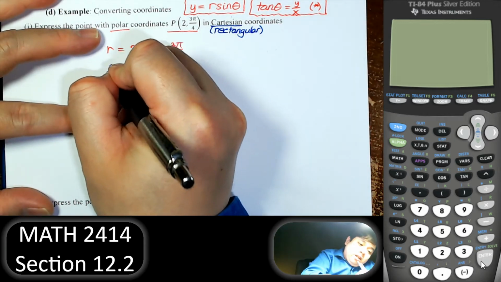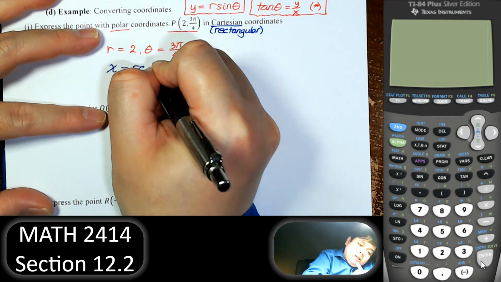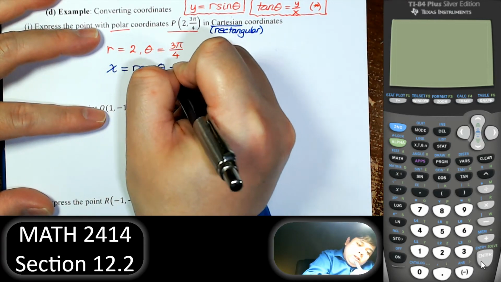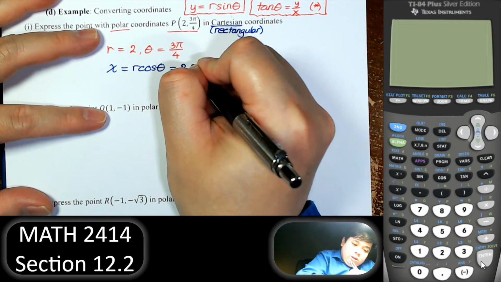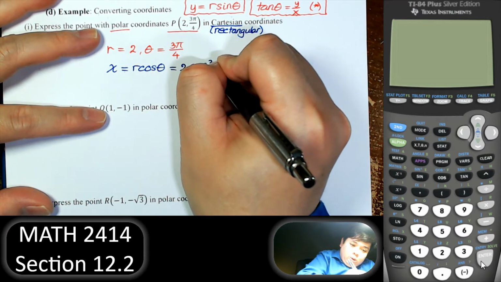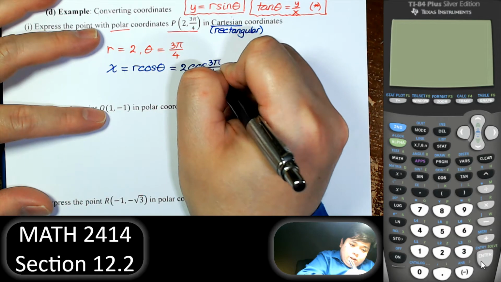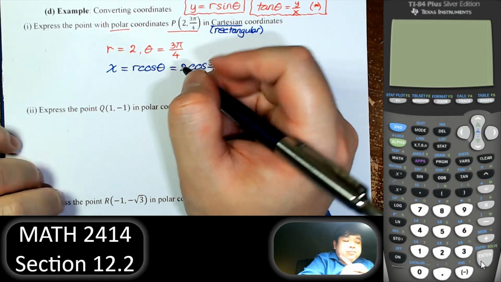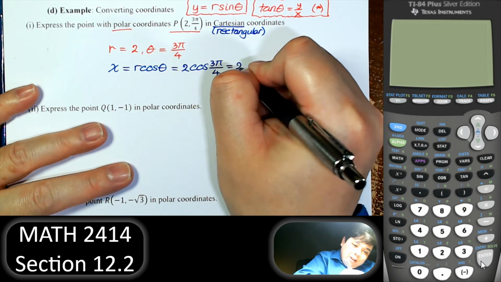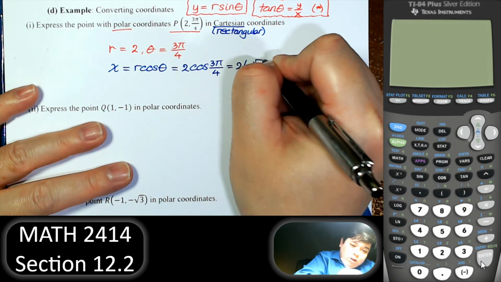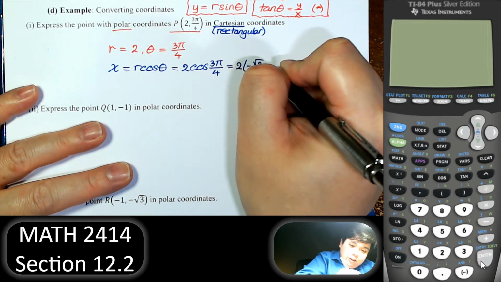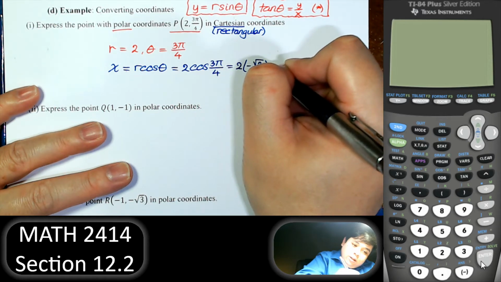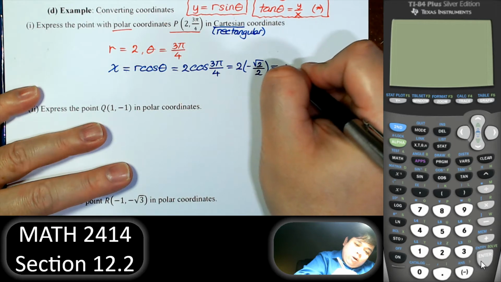It's easy. X equal to r cosine theta. 2 cosine of 3 pi over 4. Cosine 3 pi over 4 is negative square root of 2 over 2. So negative square root of 2.